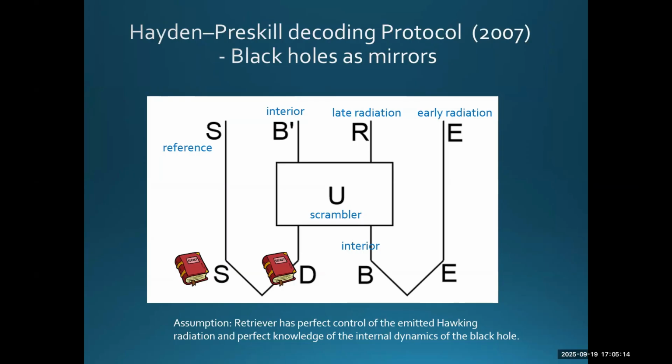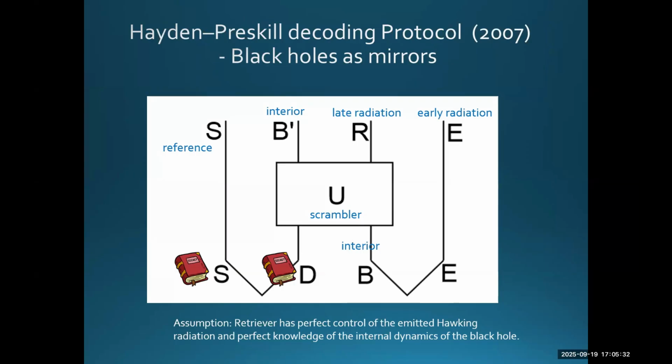And if you keep the early radiation too, that works only after the Page time. Before the Page time, you cannot do that. That's the Hayden-Preskill setup, called black hole as mirrors.